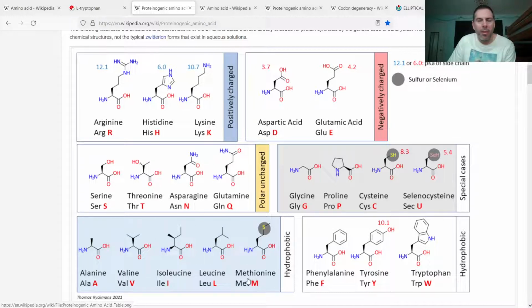hydrophobic, aliphatic, and hydrophobic aromatic. And glycine is a special case because it has such a small side chain that it's kind of, I would say, irrelevant side chain. It's more of like an empty space maybe in the protein.